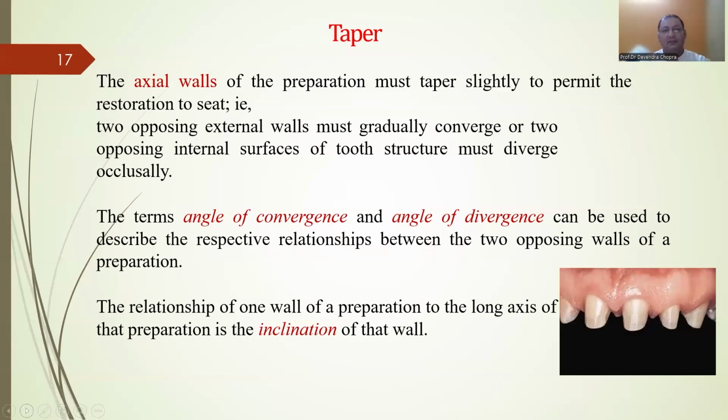When we join them, you achieve 6 degrees of taper. Angle of convergence and angle of divergence can be used to describe the relationship between the two opposing walls of a preparation. The relationship of one wall of a preparation to the long axis of the tooth preparation is the inclination of that wall. Next slide.